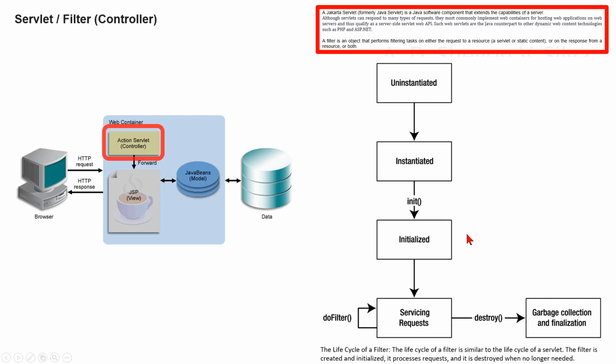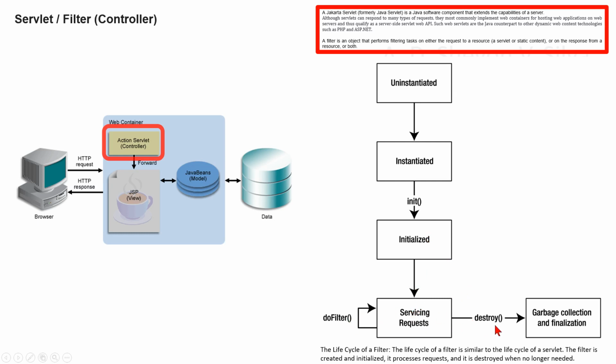For each filter definition in the web application, as specified in the web.xml, the container will create and initialize the filter instance. Every filter must implement the Jakarta.servlet.Filter interface. This interface defines 3 methods: init, doFilter, and destroy.